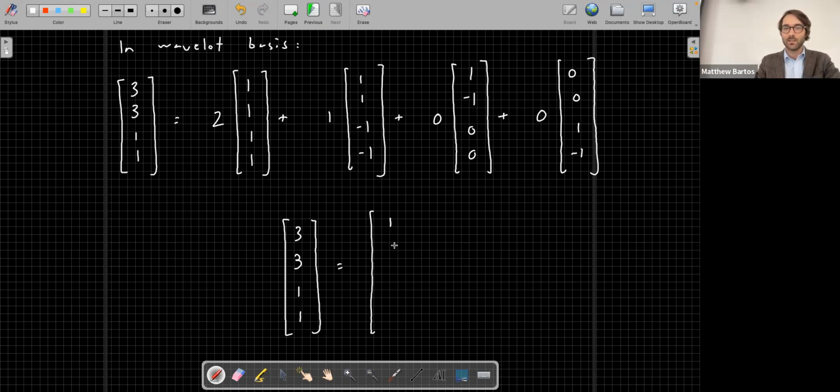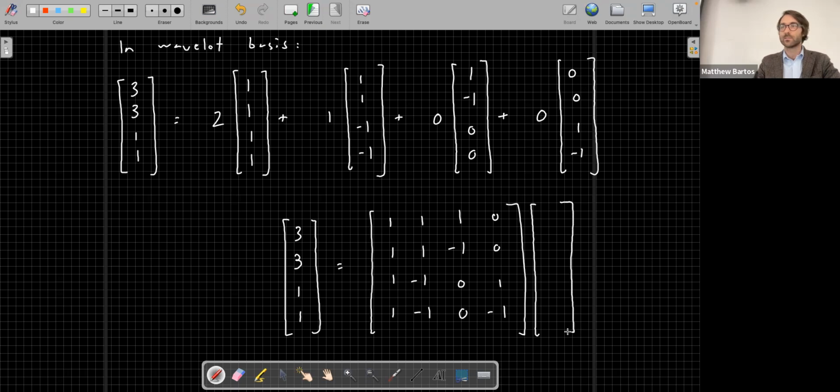That'll be 1, 1, 1, 1, 1, 1, negative 1, negative 1, 1, negative 1, 0, 0, 0, 0, 1, negative 1 times, what will our vector here be? 2, 1, 0, 0. Very good.